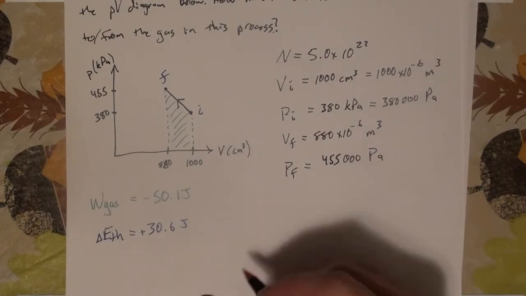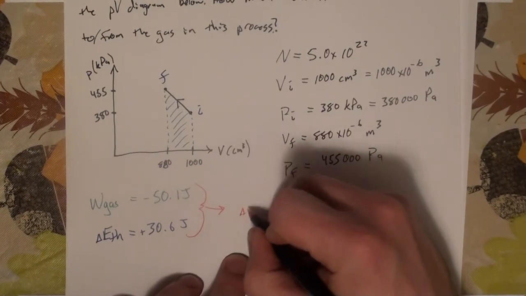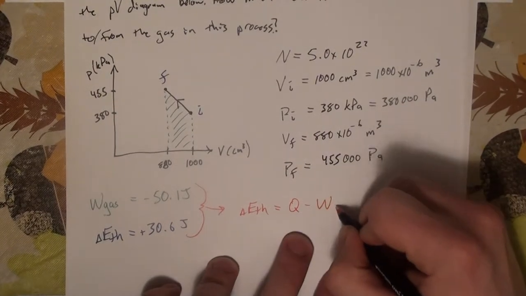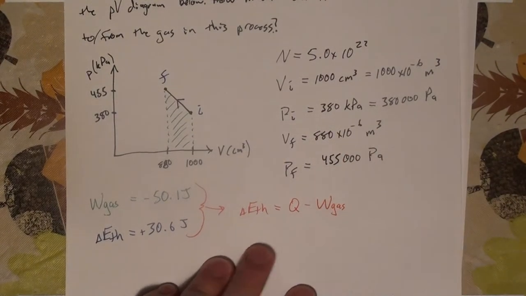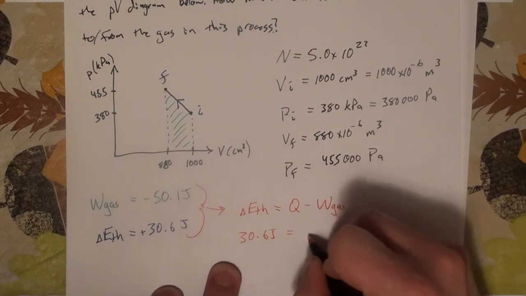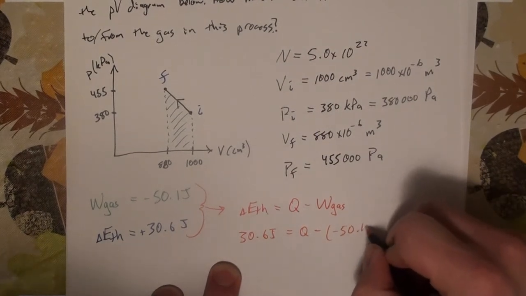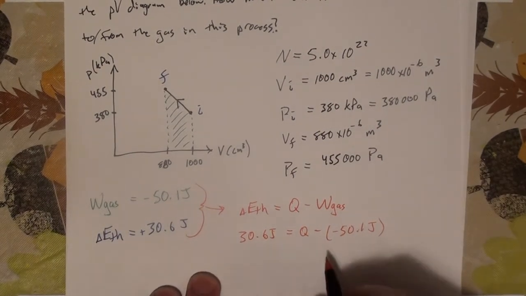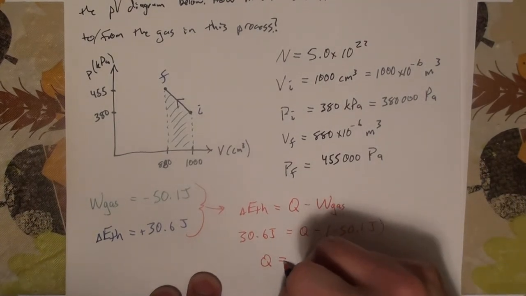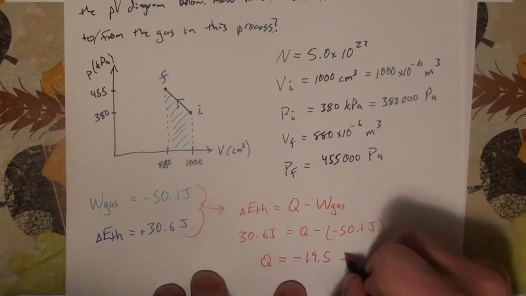The first law of thermodynamics was delta E thermal is Q minus W gas, since that's the form we have this in. So that's 30.6 joules equals Q minus negative 50.1 joules. If you cancel out this and then subtract it to the other side, what you find is that Q is negative 19.5 joules.